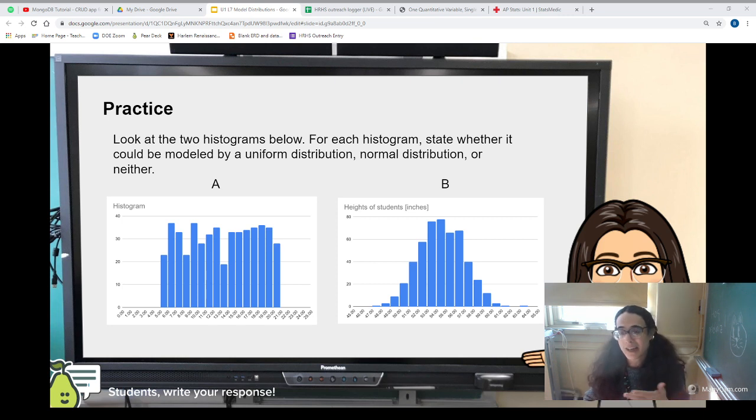How much noise we can just call noise, versus no, this is actually a different looking pattern, is in a major way a judgment call. So in this case, I would respect a judgment call going either way, either using a uniform distribution or saying, no, I would not be comfortable using either of these two as a model.